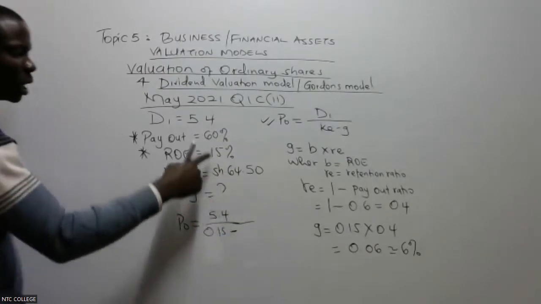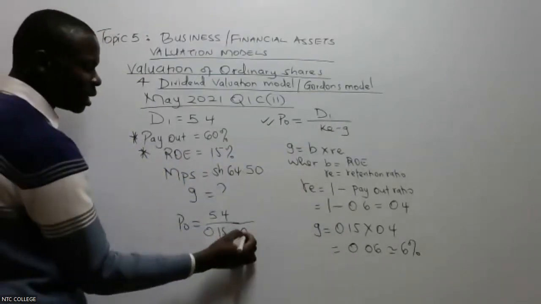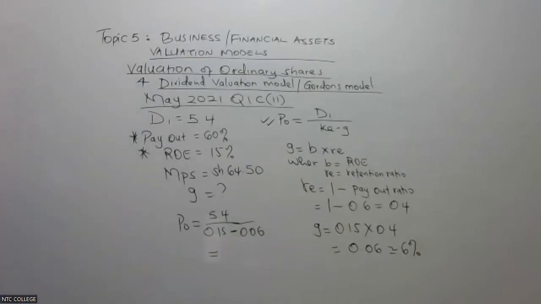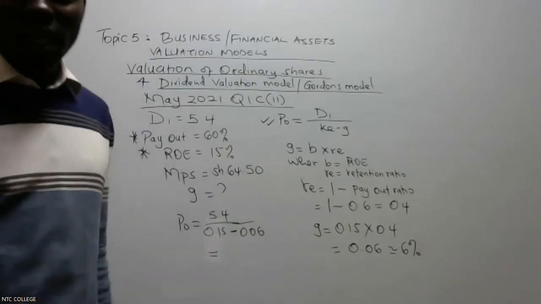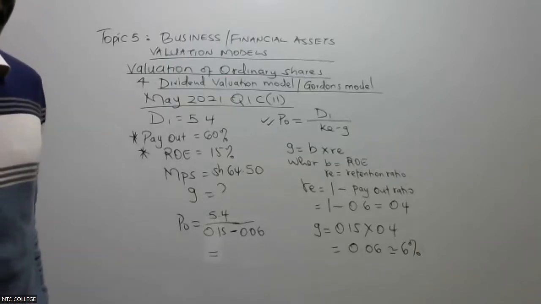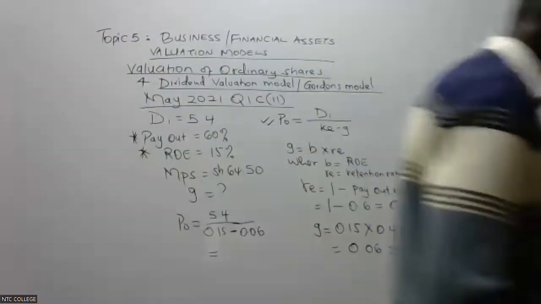Then we less our G of 0.06. Someone help me calculate, please.